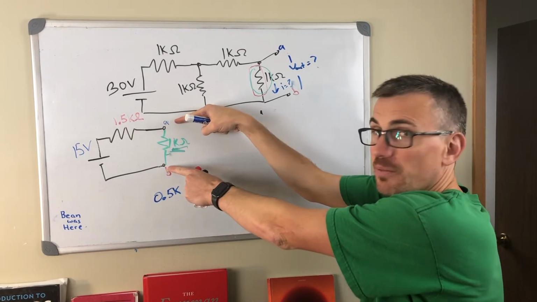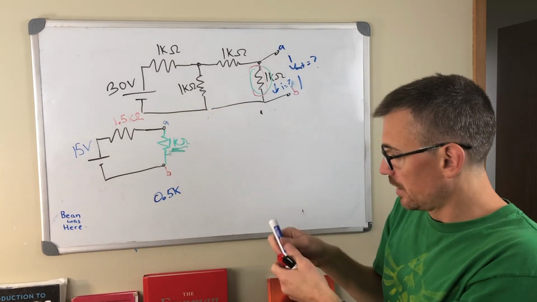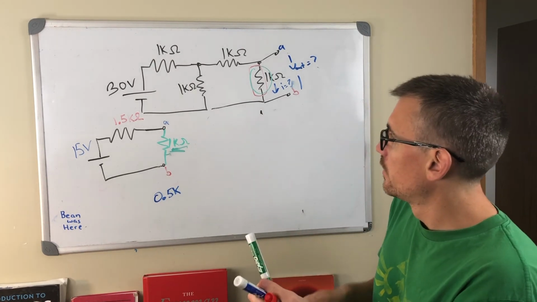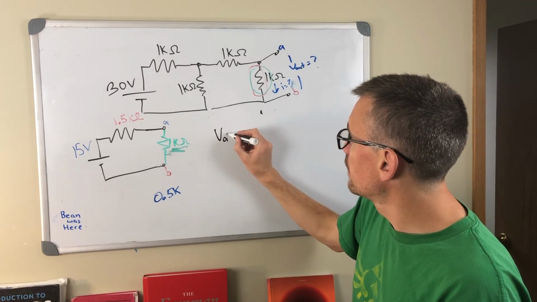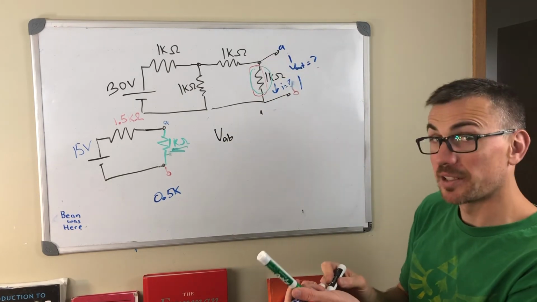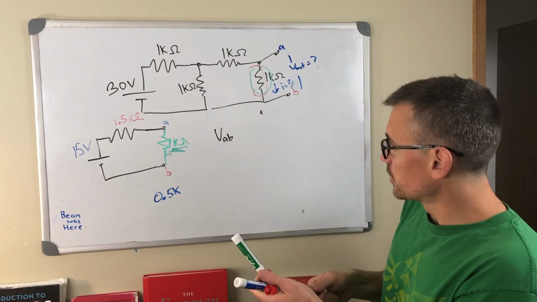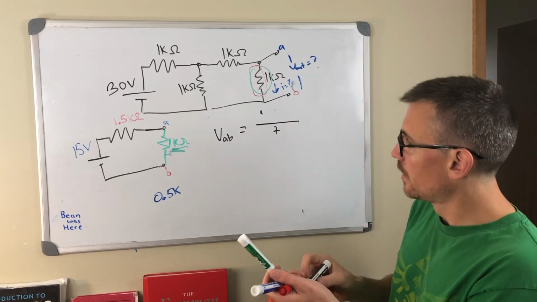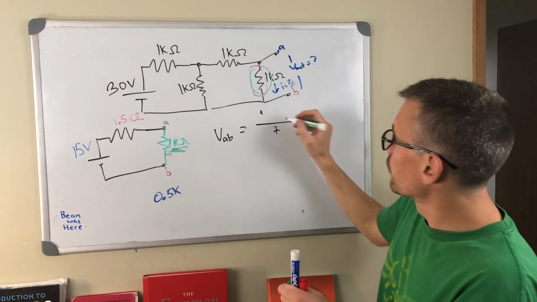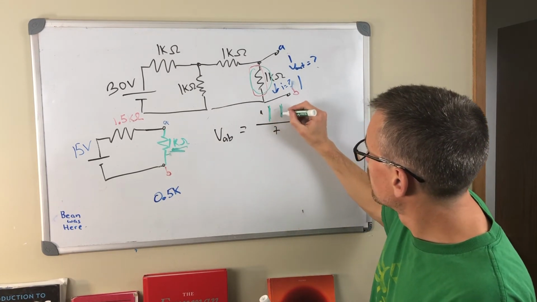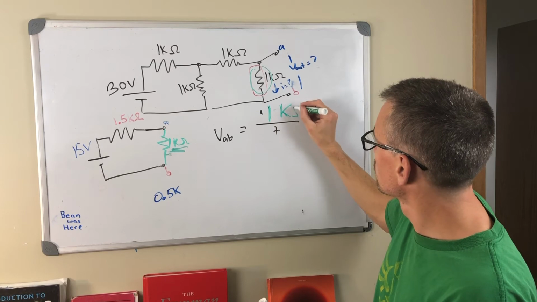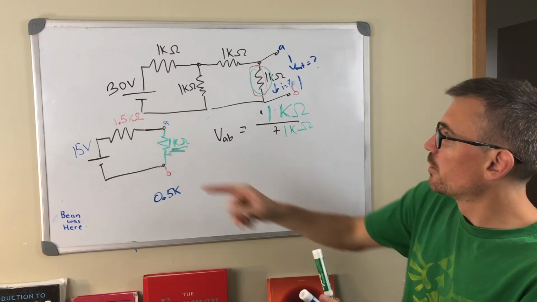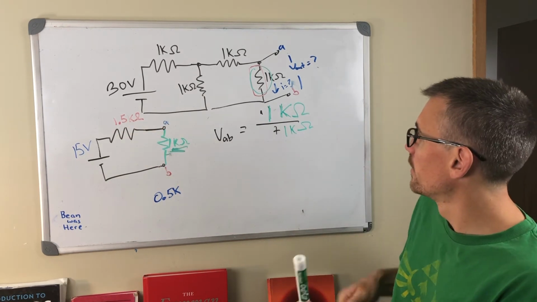If I want to know my output, my voltage between A and B, my VAB, which is what I actually wanted when it's plugged into the 1K, is going to be equal to my load resistance, this is my R2, 1 kilo ohm, divided by, what, 1 kilo ohm plus my 1.5 kilo ohm here.